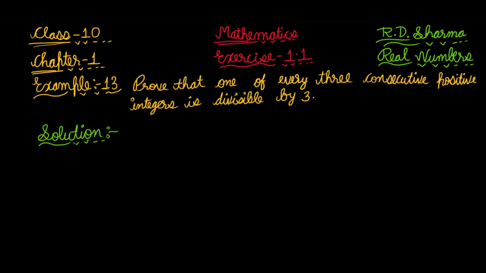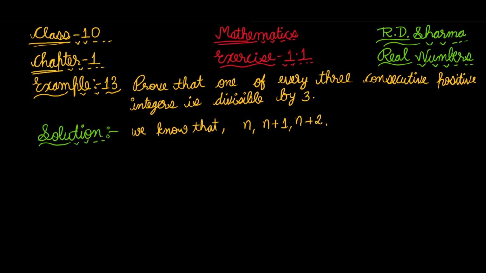So we know that three consecutive integers are n, n plus 1 and n plus 2.